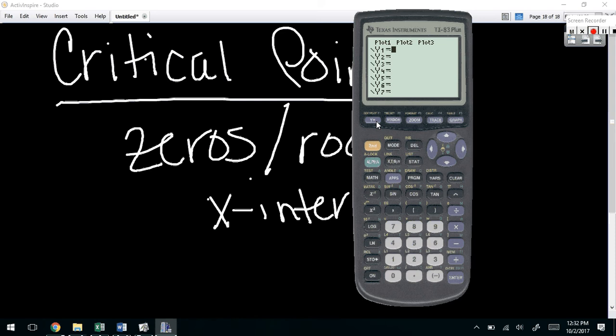Let's do x to the 4th minus 6x to the 3rd plus 3x squared plus 10x minus 3.